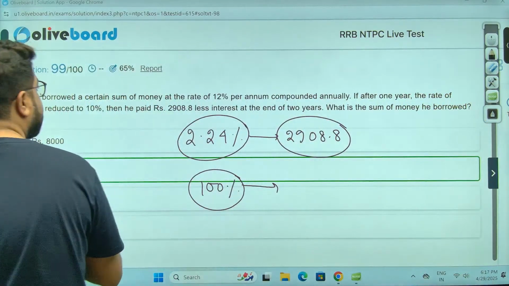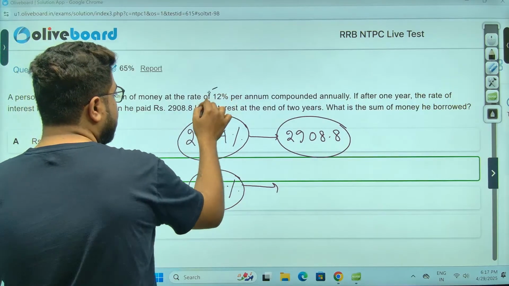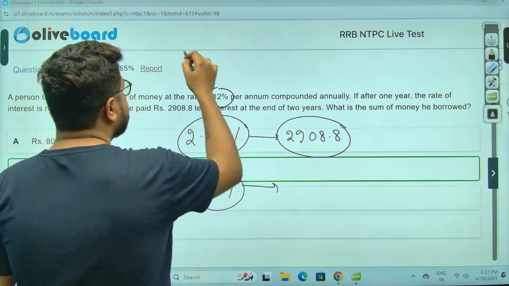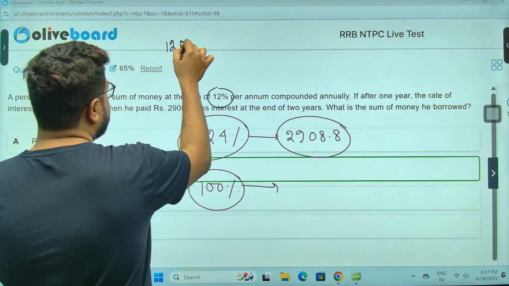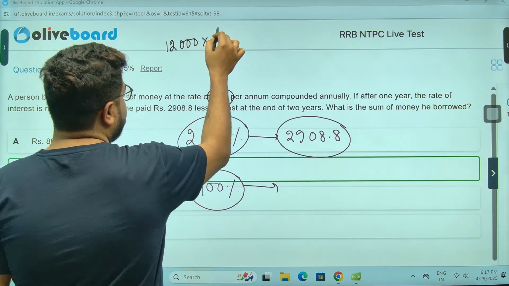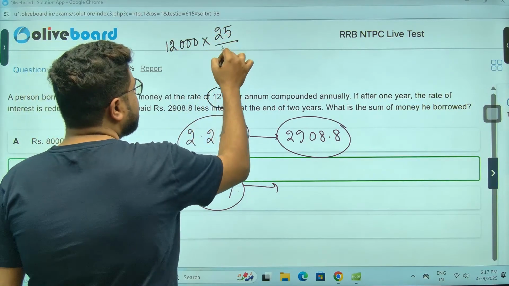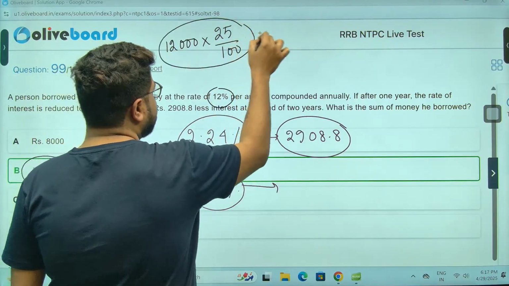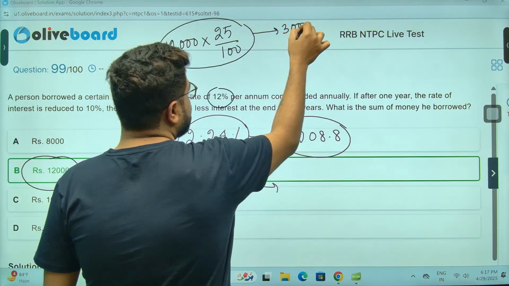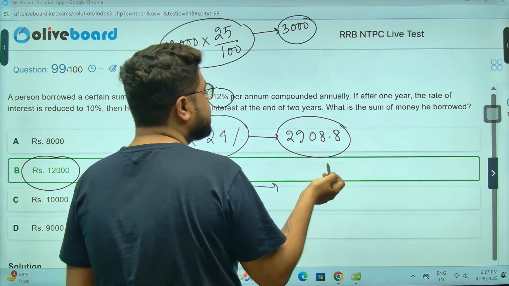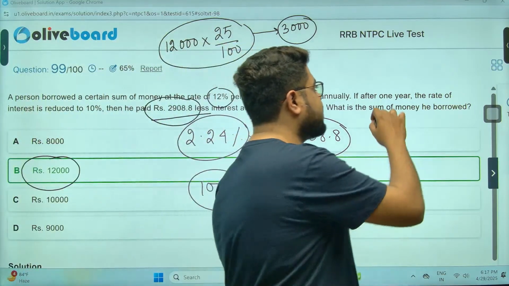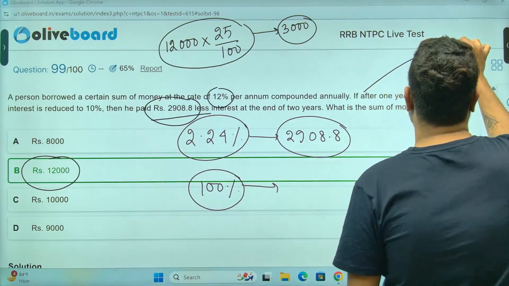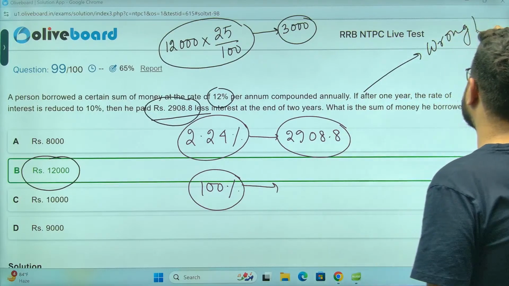Even if you take 12,000 as the correct answer, 12,000 ka 12% and 12%, that will be 25.44%. 12,000 ka 25%, if I am just taking 25% is 1/4, that is 3,000 rupees. So when the interest is 3,000 rupees, how can the difference be 2,900? So this question is not right. The value given is wrong.